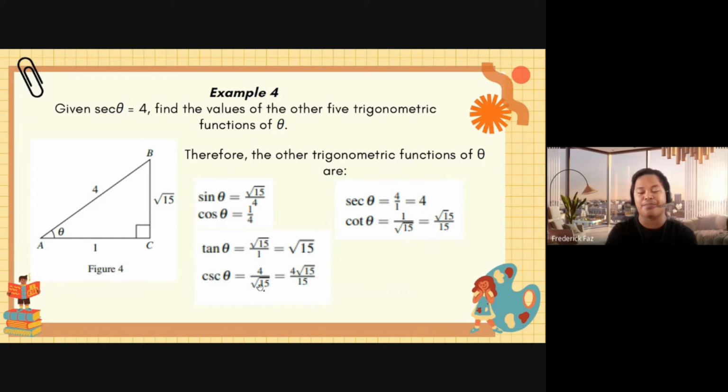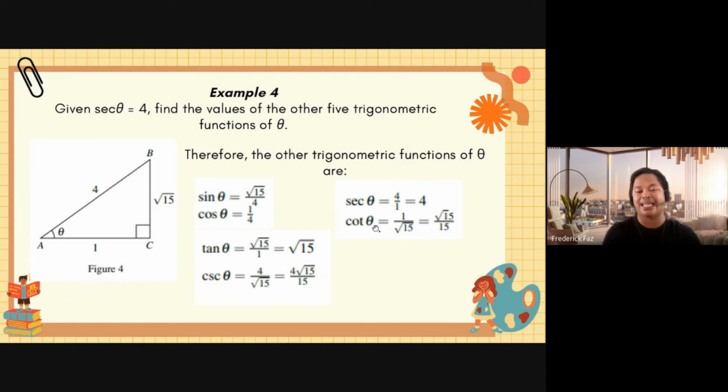And square root of 15 times the square root of 15 is square root of 225. And then we need to take the square root of 225 and its square root is equal to 15. So, recall lang po na kapag nag-rationalize po tayo ng denominator, we must multiply the same value in the radicand po. So, 15 po. So, for secant theta, given na po siya, so, 4 na din po.